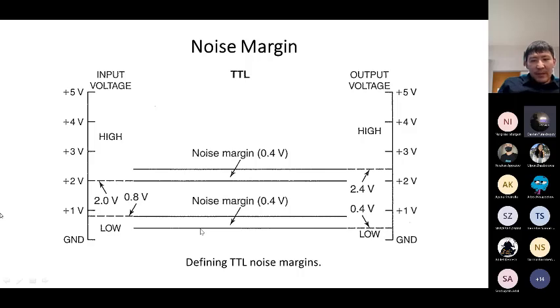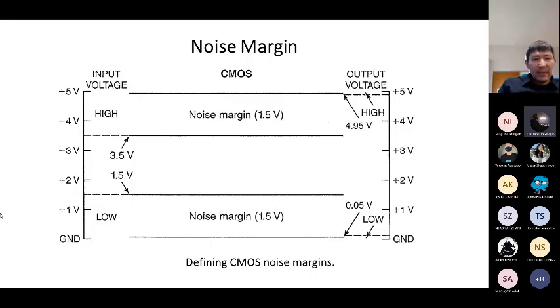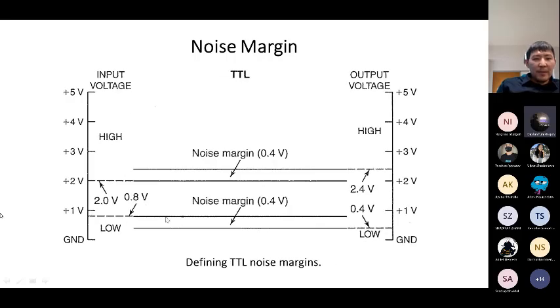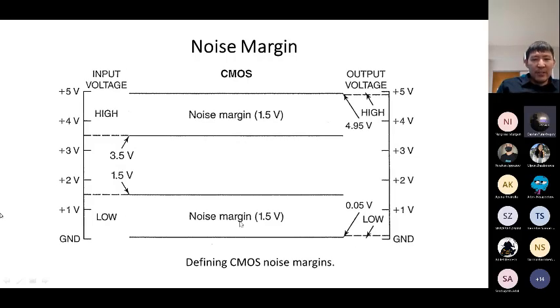It is for TTL, but in comparison, let's check the noise margin for CMOS. Here you can see that the noise margin for CMOS is greater, 0.5. Why? Because this threshold is larger in comparison with the TTL. For this reason, the noise margin is 1.5 volts. So it means that in the circuit there can be some spikes, some false signals, but if their value is less than 1.5, it will not affect the circuit.